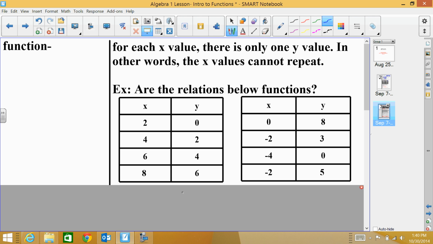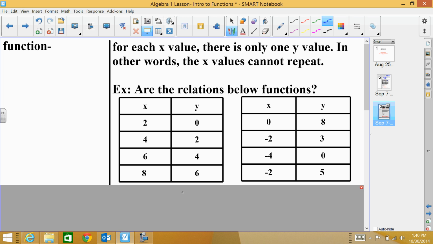Now the next thing we're going to talk about is how to tell if a relation is a function. A function means that for each x value there's only one y value. In other words, the x values can't repeat. I kind of think of it like this.